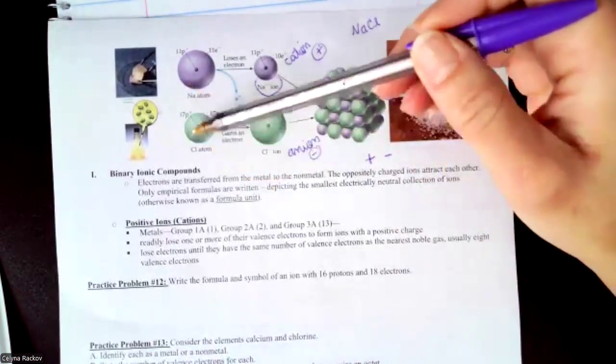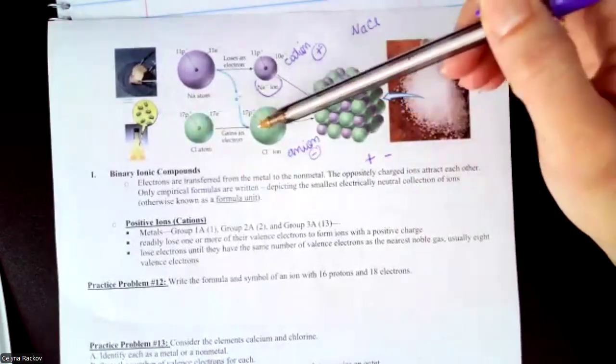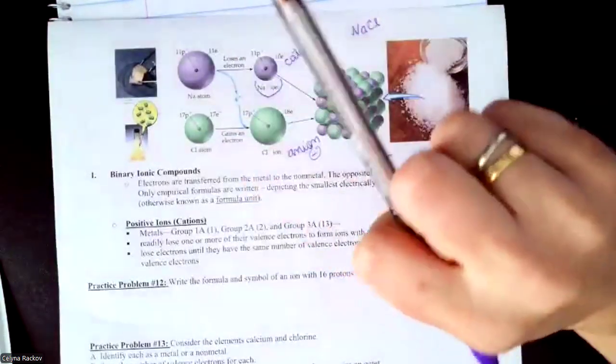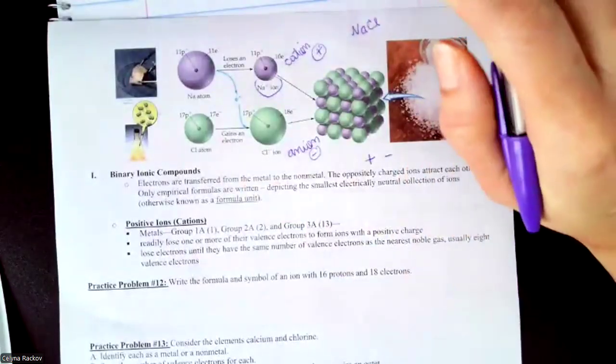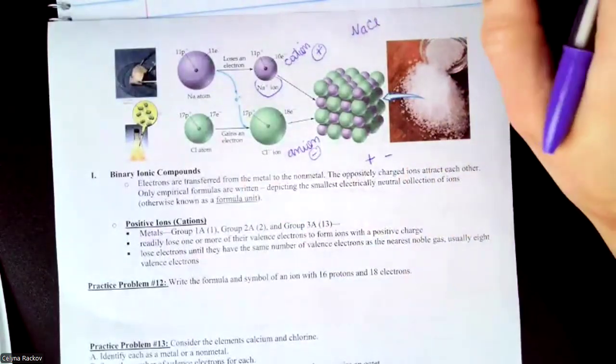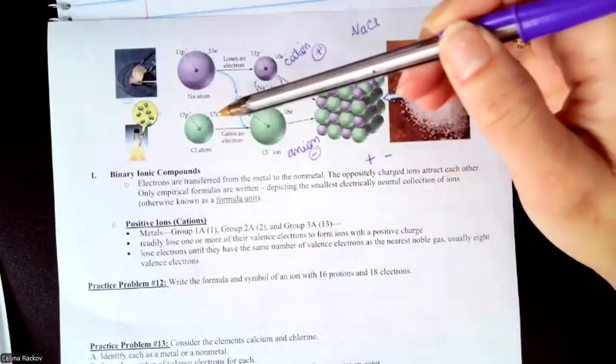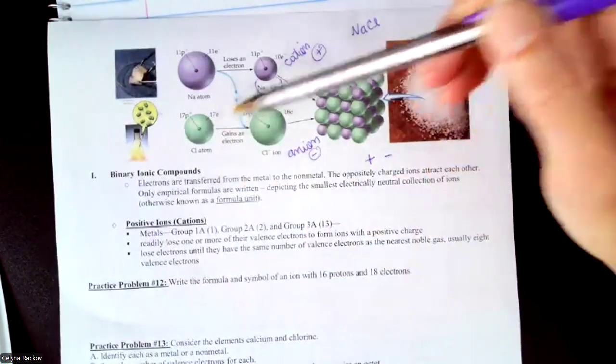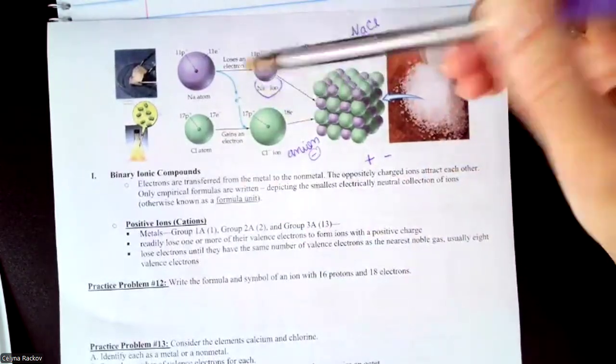So initially 17 protons. Please remember the proton numbers do not change, right? And initially 17 electrons, now gained one electron.